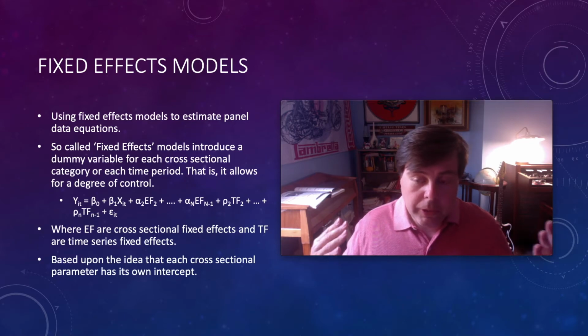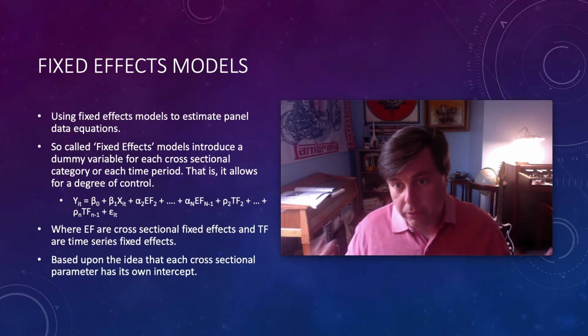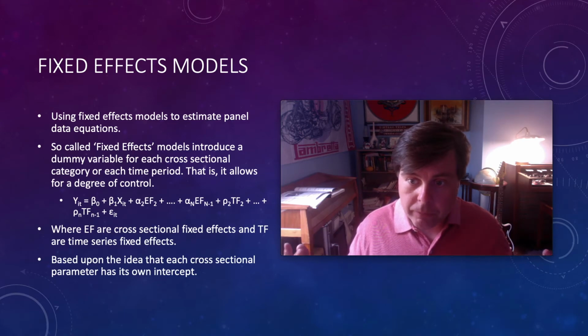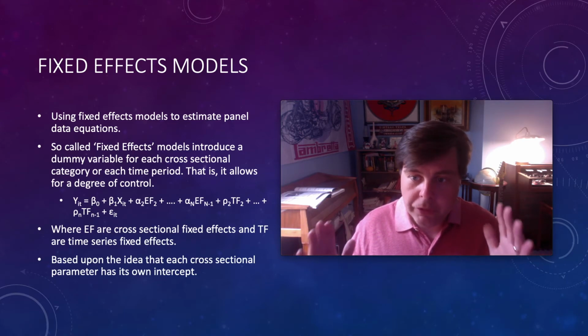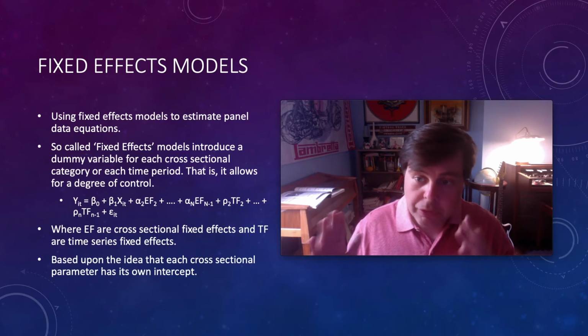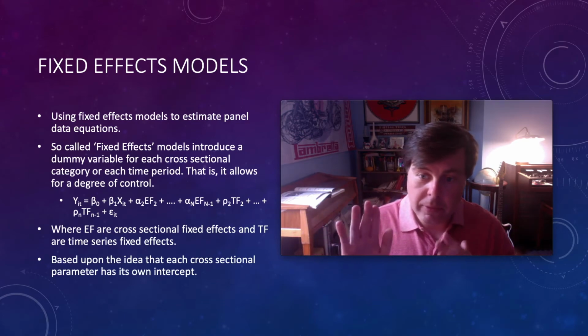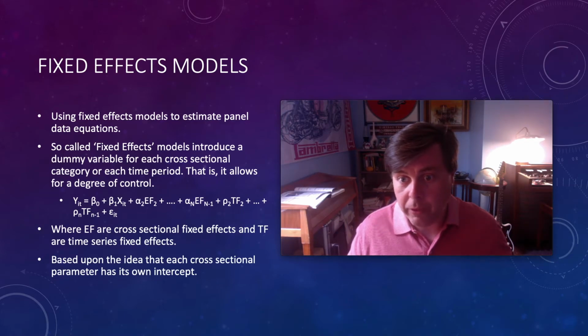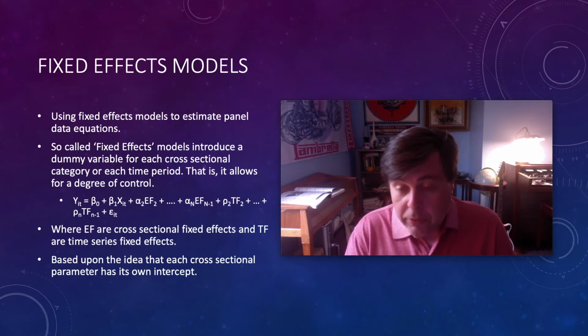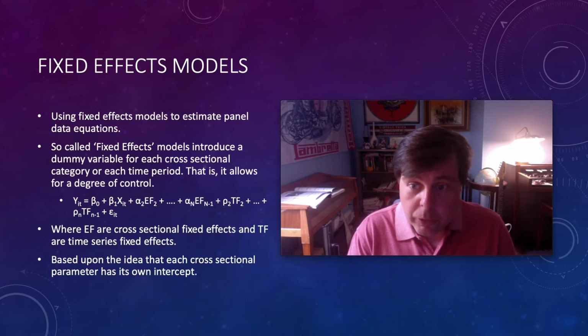And so if we try to put all of those states into one estimated relationship, we're going to be forcing the data to produce an estimated relationship that's consistent for all 50 of those.